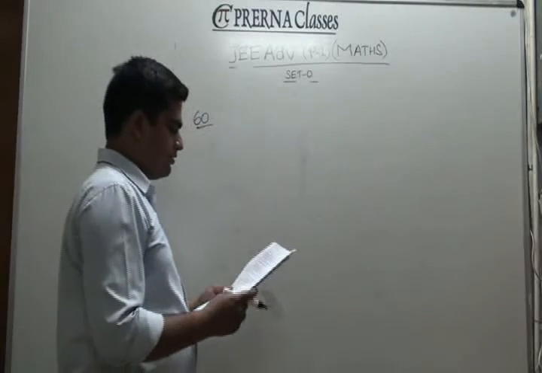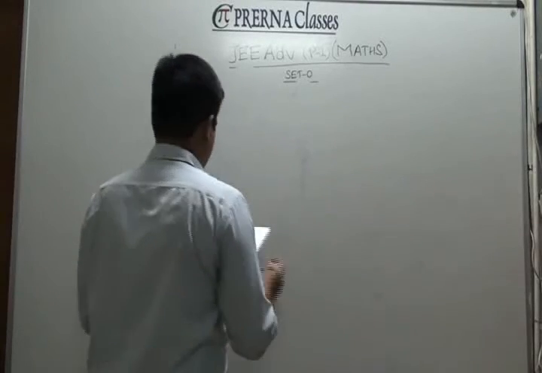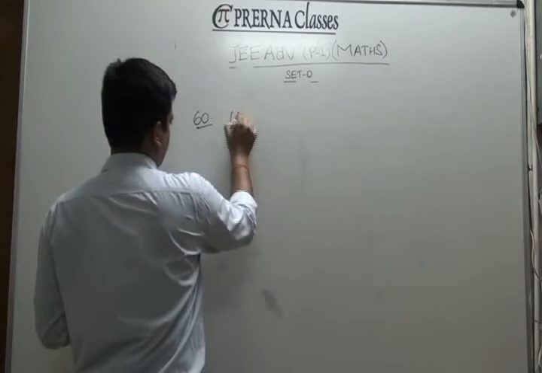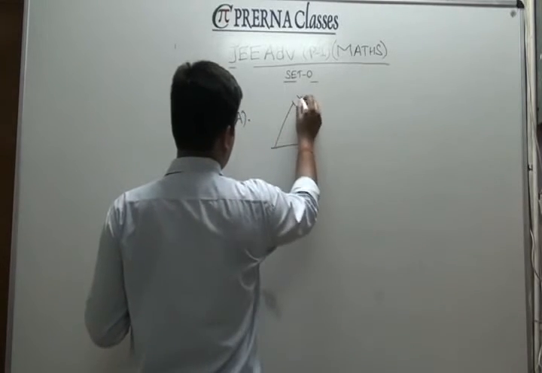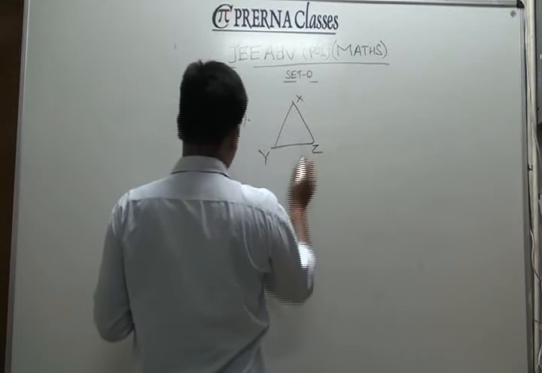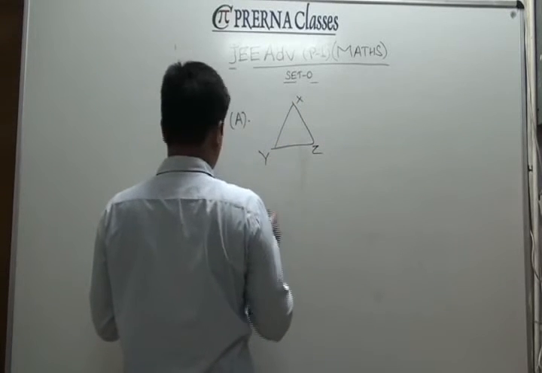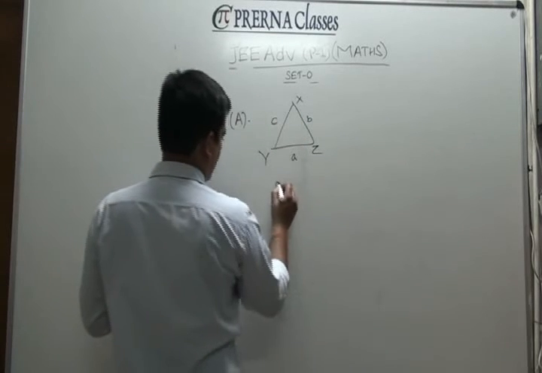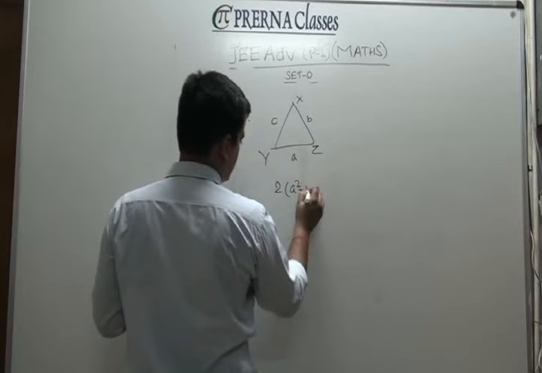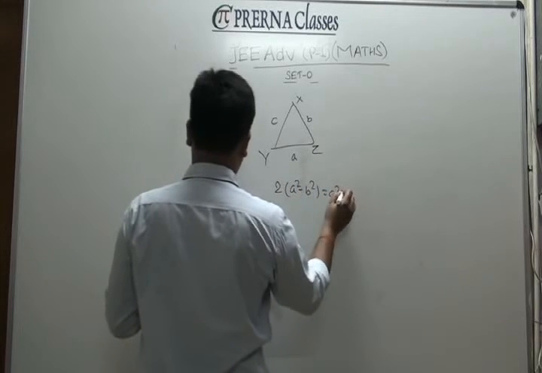Okay, in the last problem of this paper, you have a triangle given as far as the option A is concerned. You have the triangle as X, Y and Z. This is how side lengths are given to you, and then you have this information that twice of A square minus B square is equal to C square.